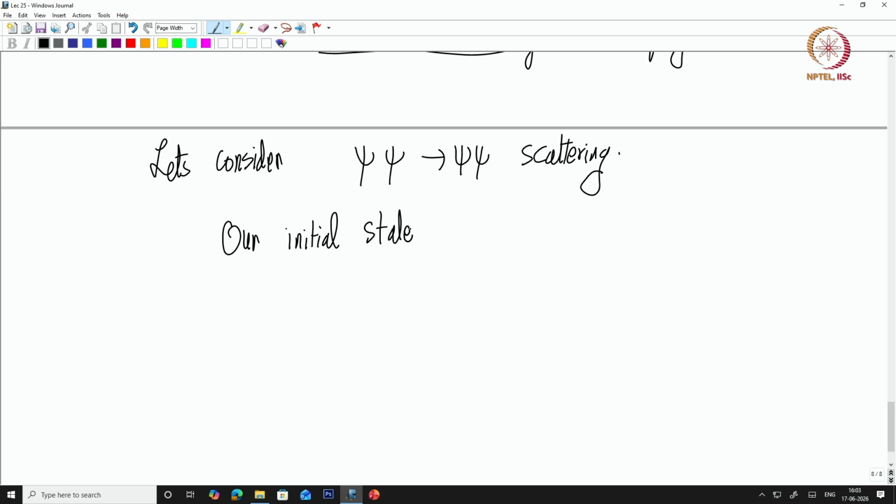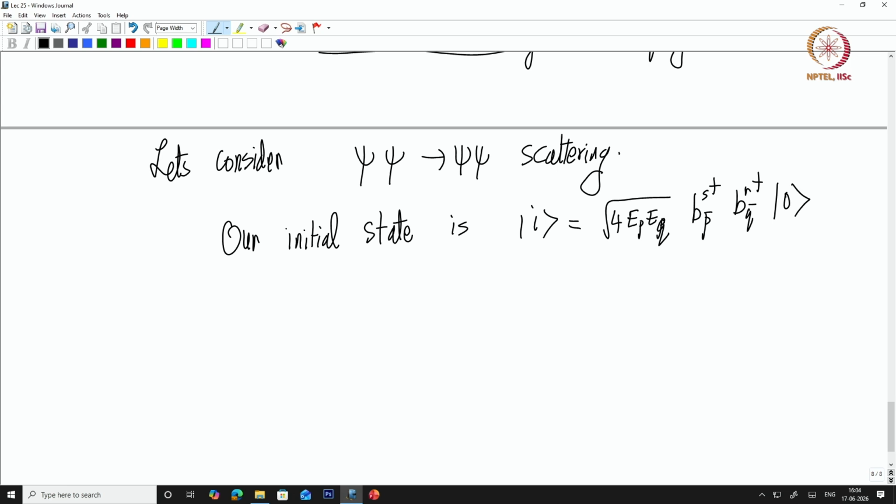The initial state is |i> = root 4 E_P E_Q, say, for example. Let's put the momenta as P and Q and the spins as S and R, so b_P-bar S dagger, b_Q-bar R dagger acting on the vacuum.